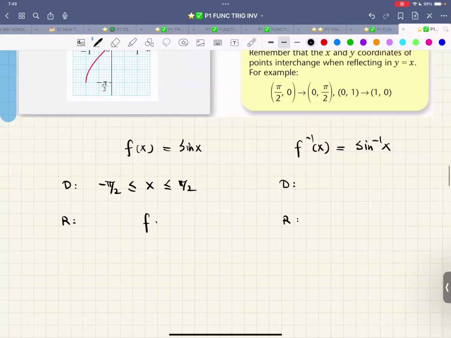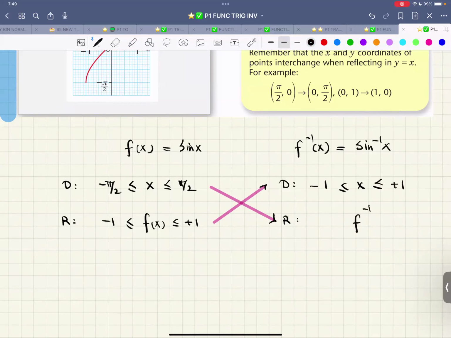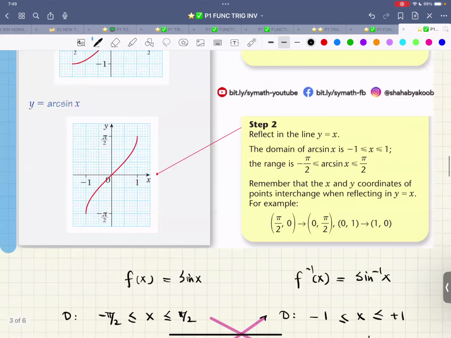The range of f(x) lies between -1 and +1. Now domain becomes the range, range becomes the domain, flip-flop. So the domain of the inverse is written in terms of x, that is -1 and +1, and the range, written as f inverse(x), is -π/2 and π/2. That is how this is written.